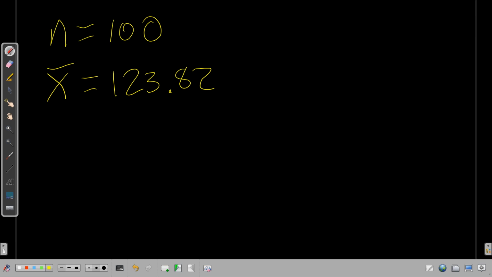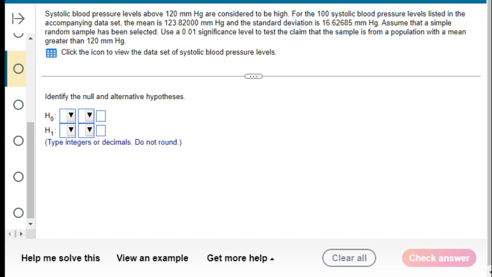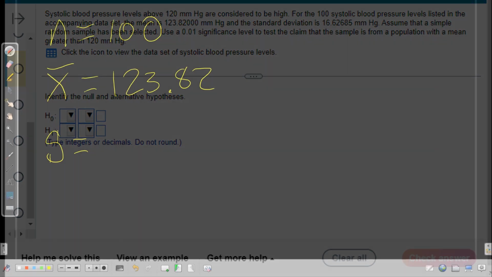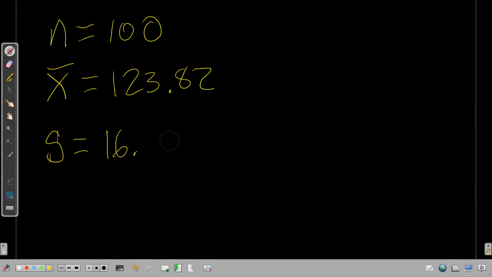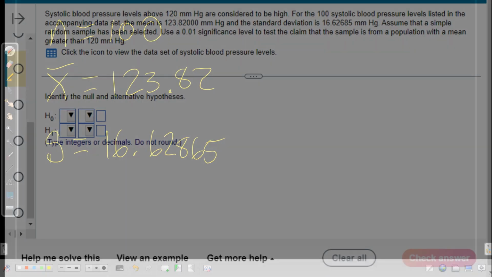So N is 100. And the standard deviation is that crazy number, 16.62865. So we've got these 3 pieces of data written down.